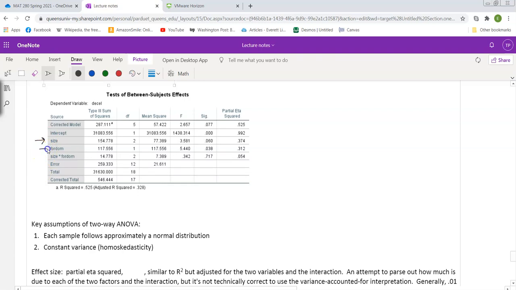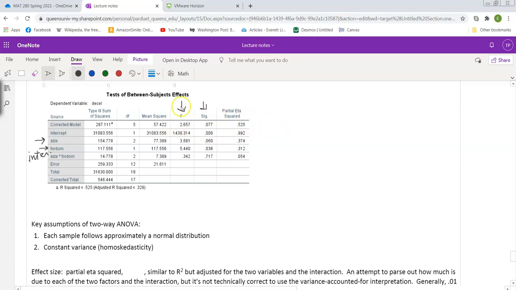And this one is our interaction. Where there's the star there, that means that's the interaction between size and foreign or domestic. And we're still looking at our column for the F values and our column for the P values. This is where our P values are.